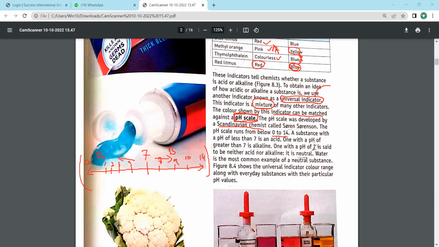A substance with a pH of less than 7 is an acid. So you can see here, less than 7 means acid, and one with a pH of greater than 7 is alkaline. If you go more towards 14, it is alkaline.